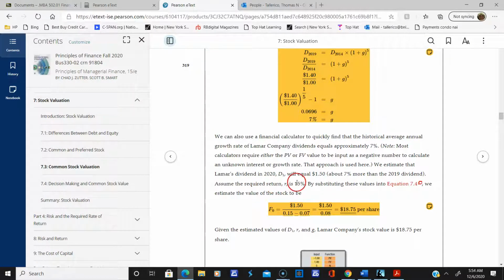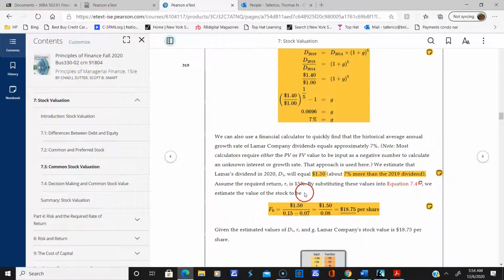Your required return is 15%. The 2020 dividend is given to us here, $1.50. Everyone sees that, $1.50. That's about 7% more than the 2019 dividend, and we get $18.75 a share.